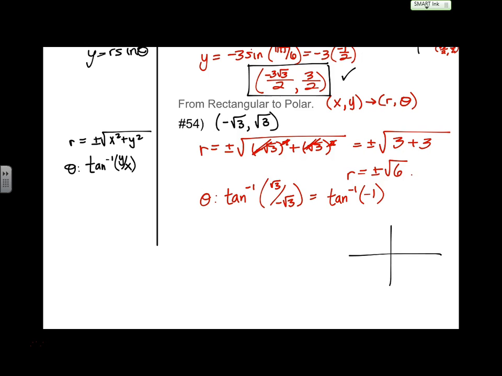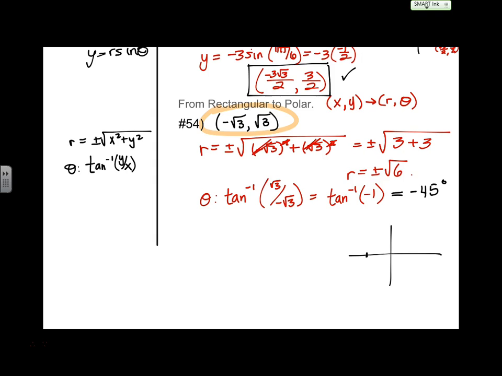Now, technically, tangent inverse in your calculator would get you -45 degrees or -π/4. I'll do it in degrees because you would see degrees easier in your calculator than radians. But the problem is we have to consider our point and say, wait a minute, is this accurate to my picture? So if we were to graph, what quadrant do we need to be in if our X is negative and our Y is positive? The second quadrant, yeah.